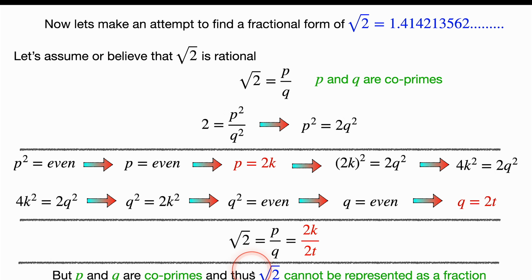In other words, root 2 cannot be represented as a fraction. So what was our question? Can we take any decimal number and convert it into a fractional form? We just got a decimal number 1.41 and so on, and we understood that we cannot represent this in terms of a fractional form.